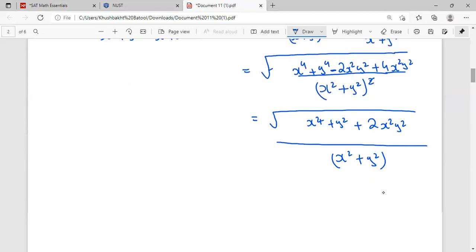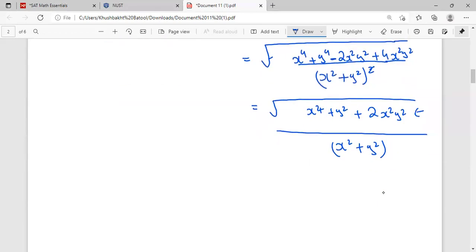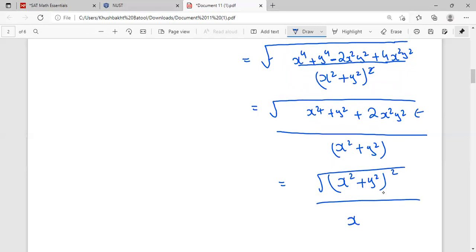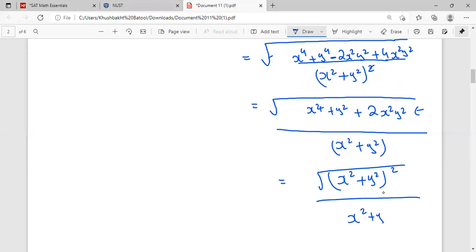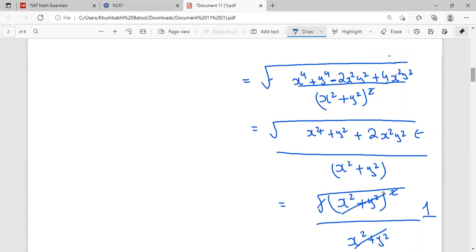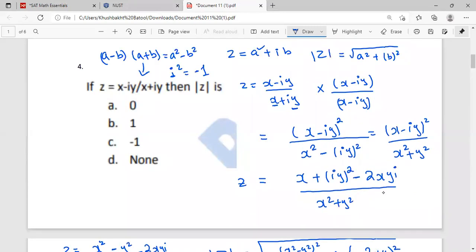Now, what is my numerator? Isn't it under root (x square plus y square) whole square divided by (x square plus y square)? And I can cancel it out and I would get 1. So 1 is my answer. Let's see if we have that in our options as well. Oh yes, we do have 1.